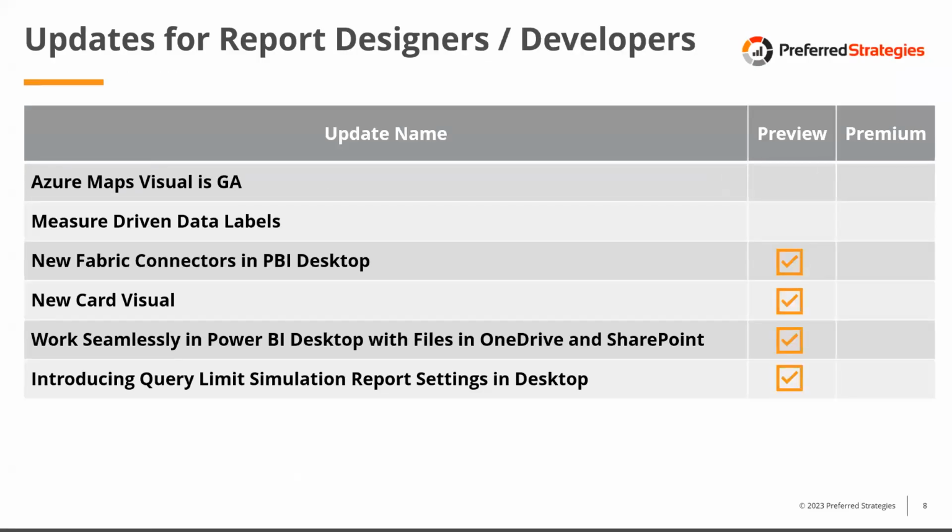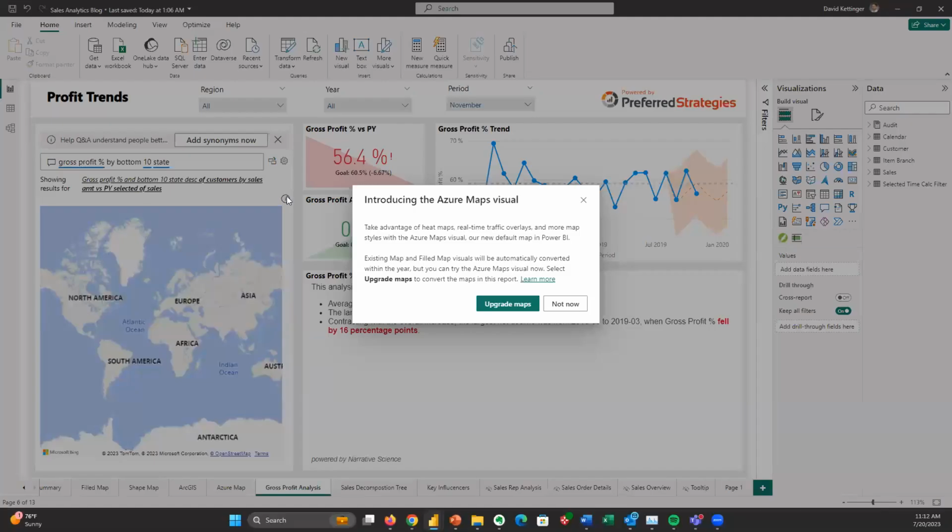So quite a few updates for report designers and developers. And the first one I wanted to review with you was the new Azure Maps visual. So this is now generally available, and we'll demonstrate this by going to Power BI Desktop, and we'll open up a report that has a few different maps in it.